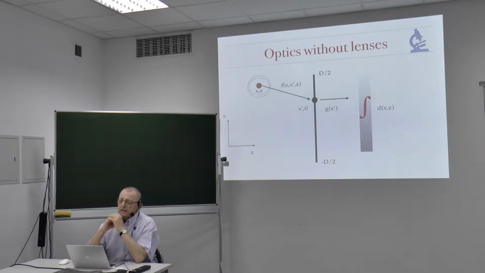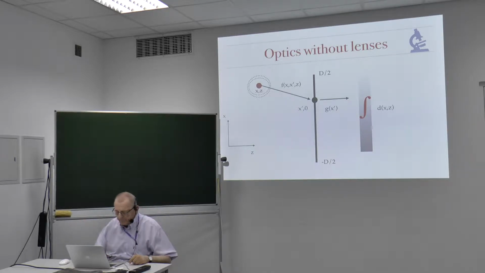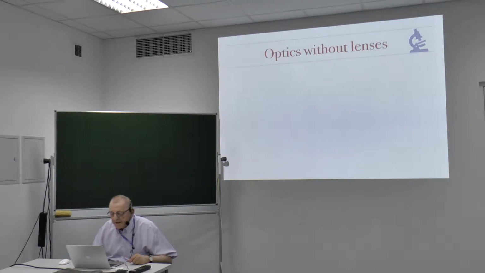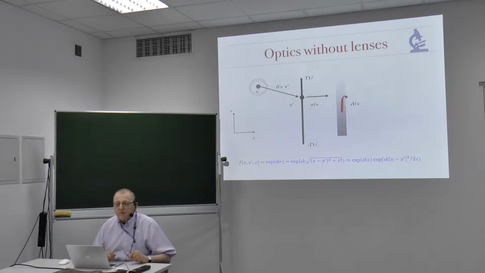In that picture, that is easy to see as an inequality: the distance over which I have to calculate the function f, that x minus x prime, is small as compared to the distance, because I am looking on the trajectories which are close to the optical line. Okay, so let's now repeat this picture and let's do the calculation.